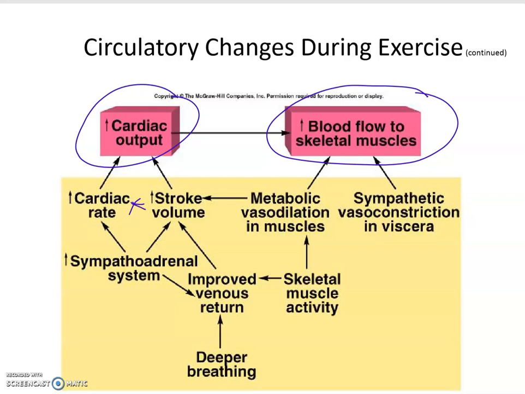We're going to up both. We're going to increase the heart rate. We're going to increase the stroke volume. And then we have some other factors here. We're going to be breathing deeper and improving the venous return, and all of that helps us with achieving a higher cardiac output, with the goal being that we want more blood flow to skeletal muscle.